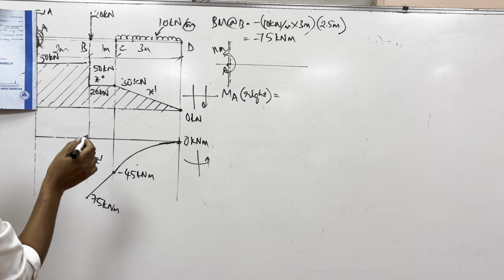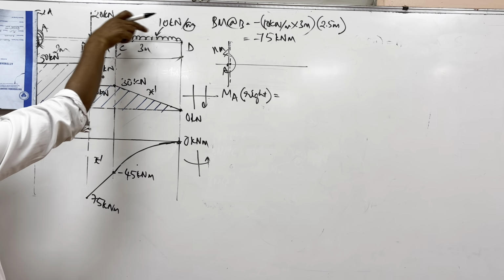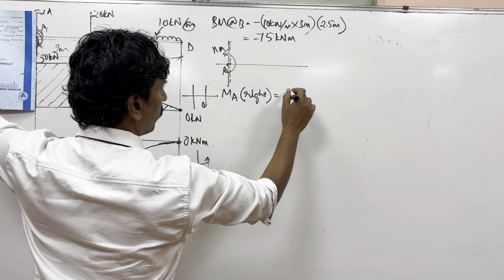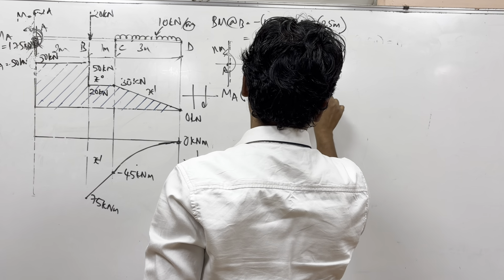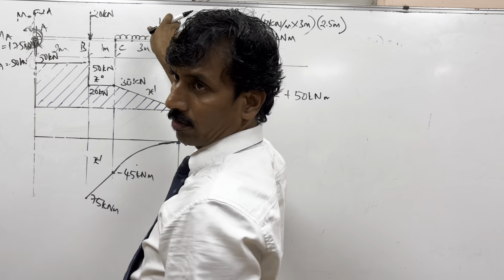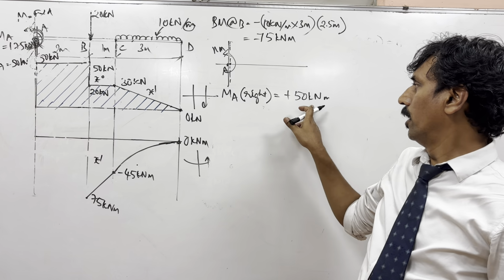So just on the right side of A. We had calculated earlier 20 into 2 and all, which became how much? We calculated this earlier, so we got this answer. It is 50 kilonewton meter.